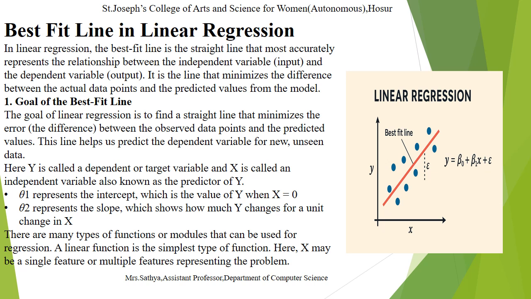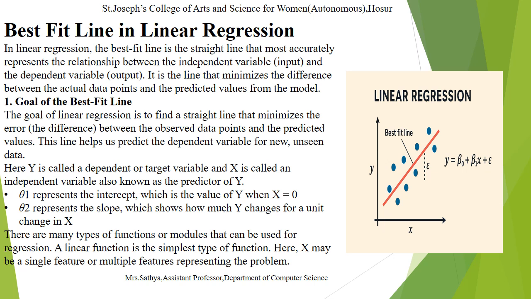The best fit line is the line that minimizes the error between actual values and predicted values. When we get the minimum error between the actual value and the predicted value, only then do we have the best fit line. For that purpose we use the linear regression algorithm in machine learning.